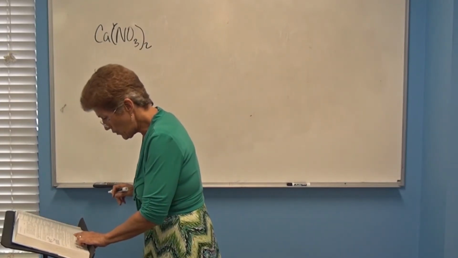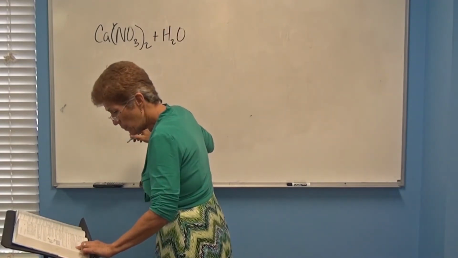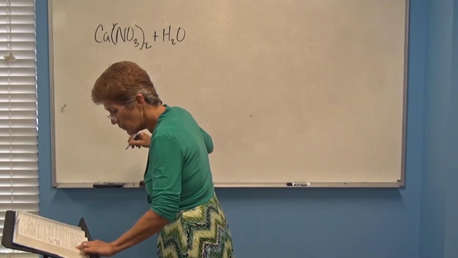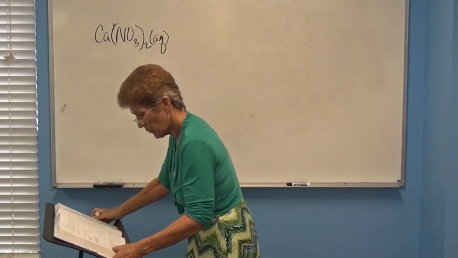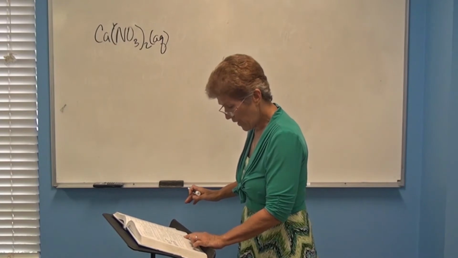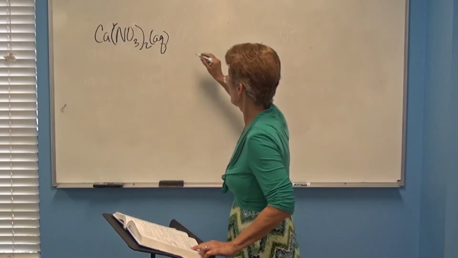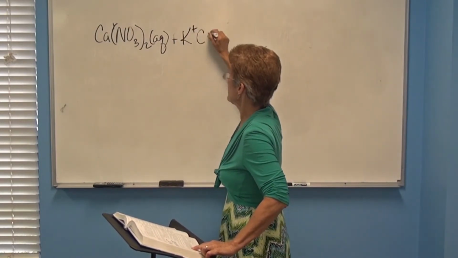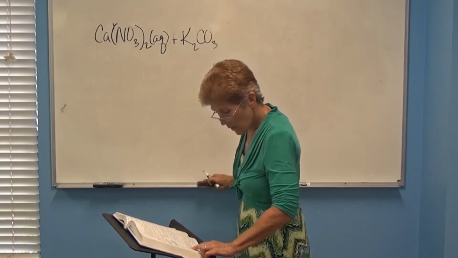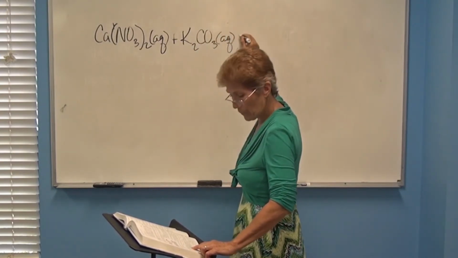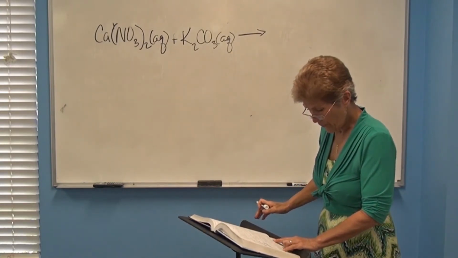A solution of calcium nitrate and water, aqueous, is mixed with the solution of potassium carbonate with water. What reaction will occur?